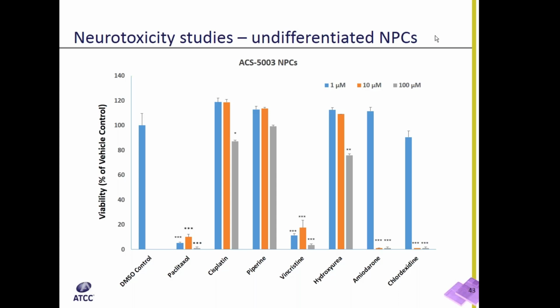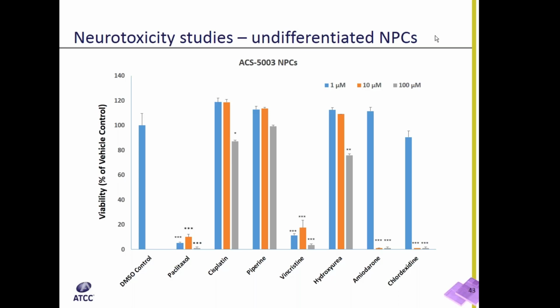Amiodarone, which has been associated with peripheral neuropathies. Chlorhexidine, an agent recently identified to be neurotoxic to neurons, SH-SY5Y cells and Schwann cells, and the acute and chronic toxicant digoxin.